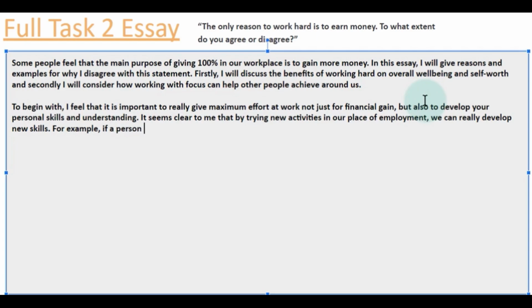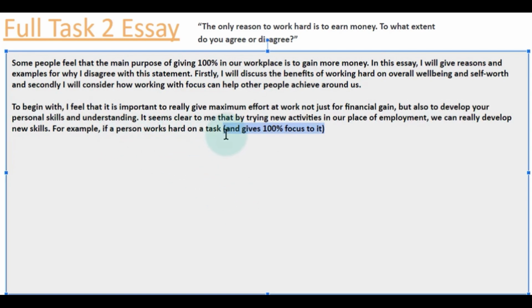If a person tries hard to, well, let me just consider this here. So we're talking about we can really develop new skills. We can learn something new. For example, if a person works hard on a task, let's use some brackets, and gives 100% focus to it. So this bracket here is just showing off something extra we have in our English fluency locker.